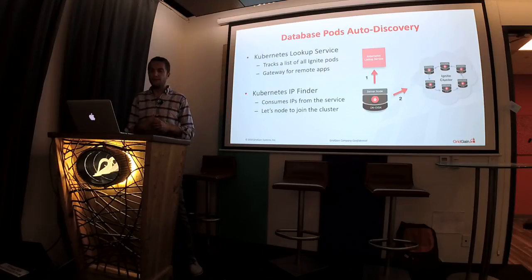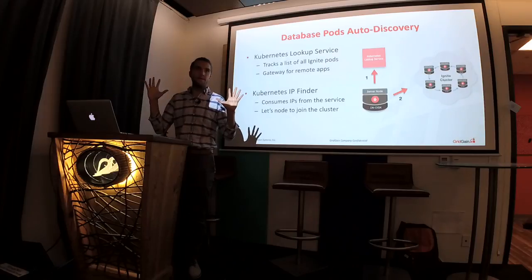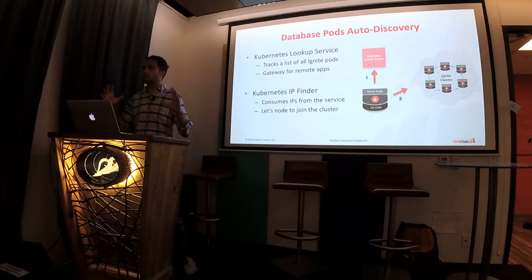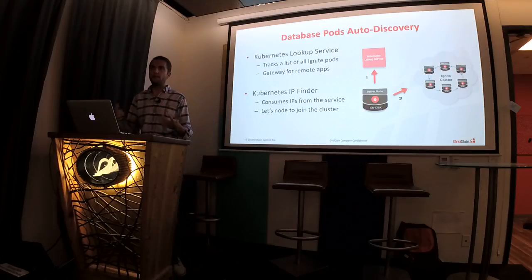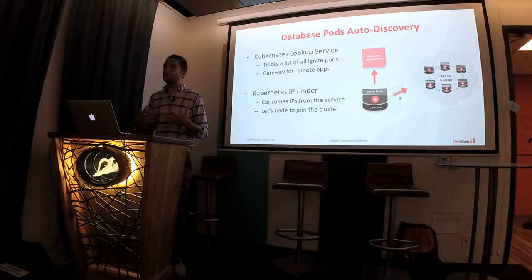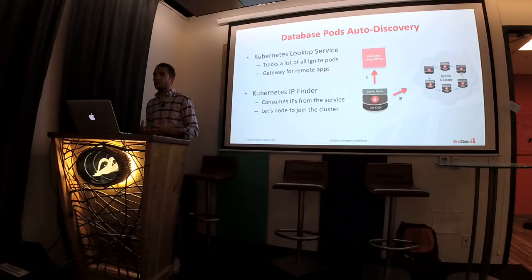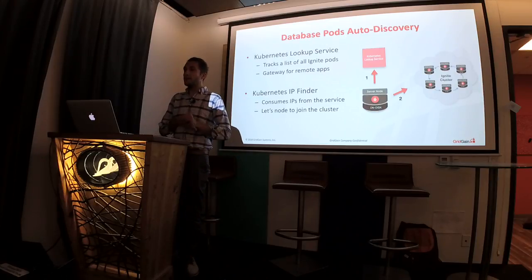Okay, so let's look into the discovery of nodes, and that's actually what's usually provided by a database project vendor. Technically, the input is the following: each node of our database doesn't know the IP address of the others. How do we share IP addresses of all the nodes that are started in Kubernetes? Turns out we can leverage one simple service that is available in Kubernetes.